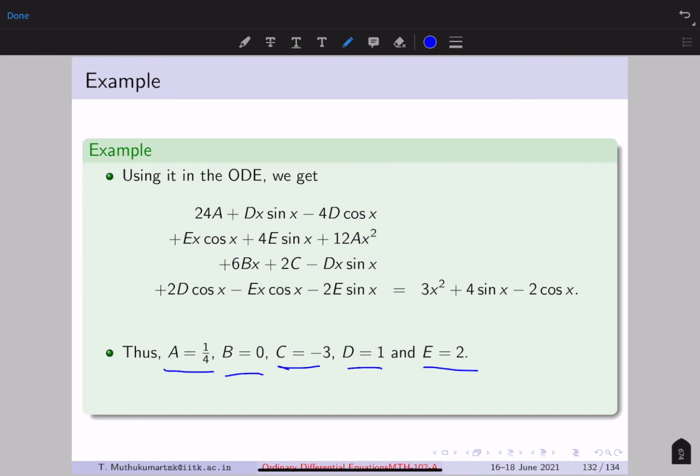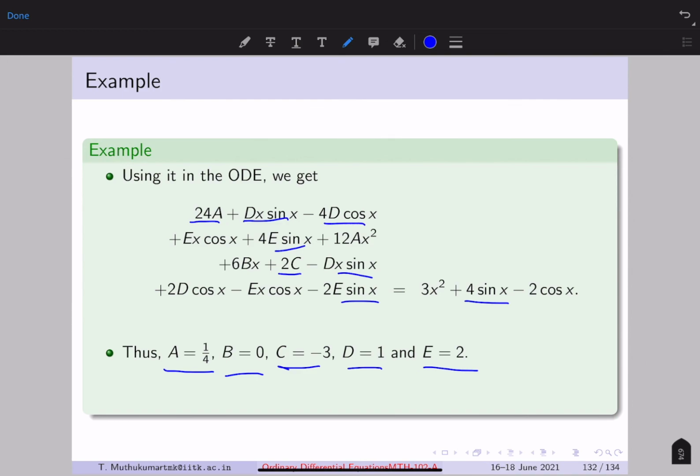So what I am saying here is that you see, for instance, all these are constant terms, which here it's 0, so that sum will give you 0. All the sine terms here can be clubbed to match it with this sine term.